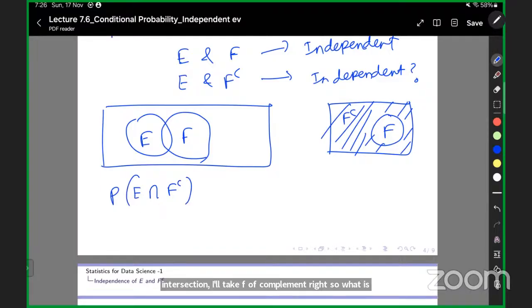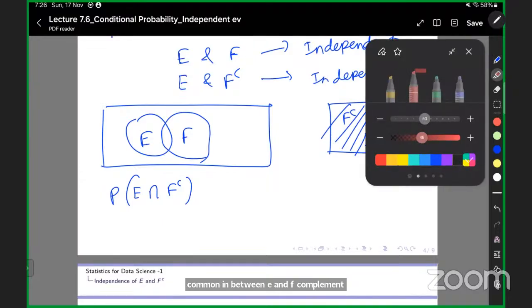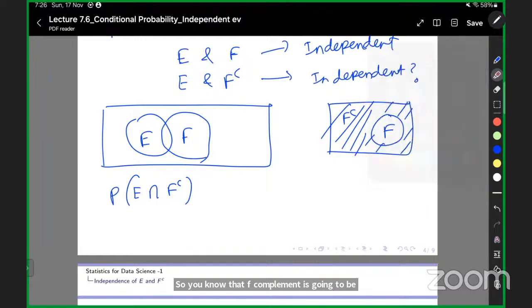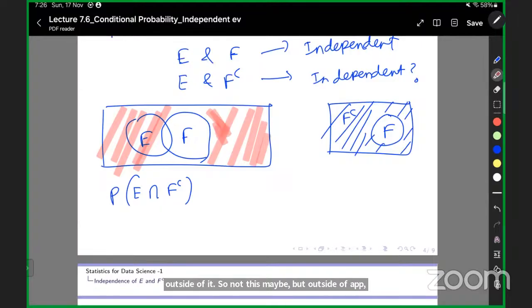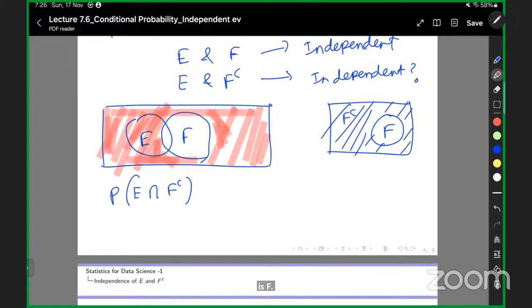So you know that F complement is going to be all of this, outside of F. So this E is there, everything outside F is F complement, and we are asking what is common in E and F complement. So you can see this portion, right?